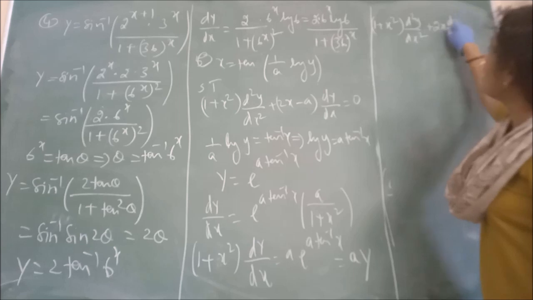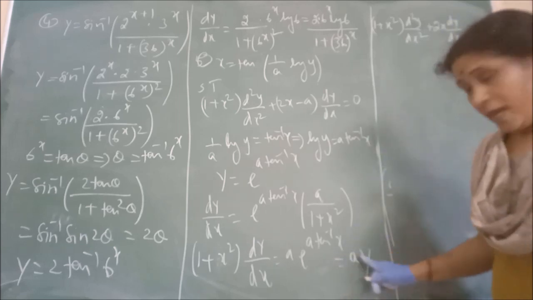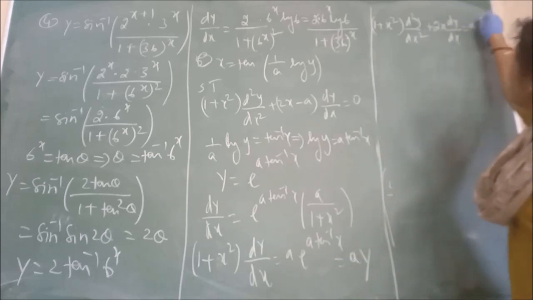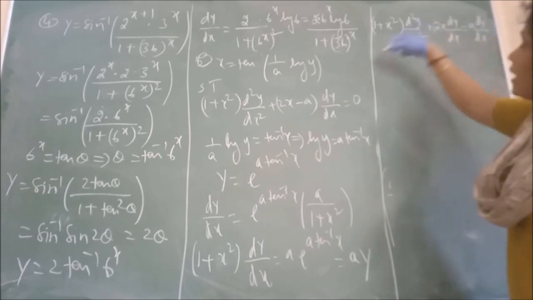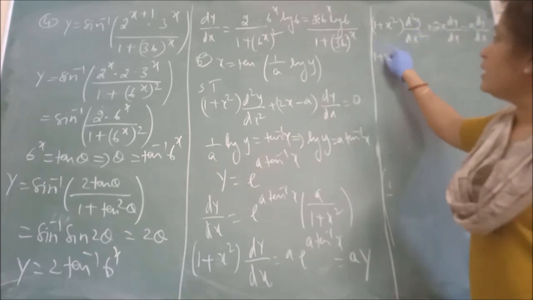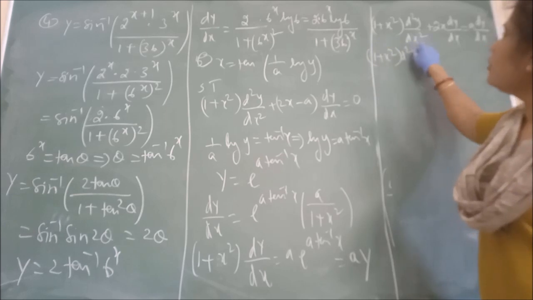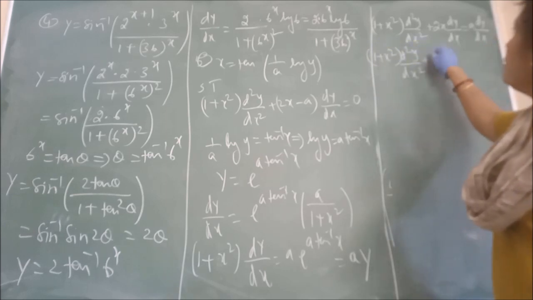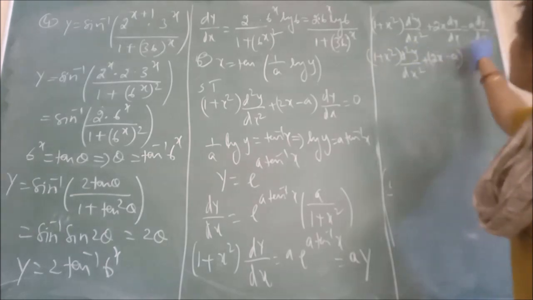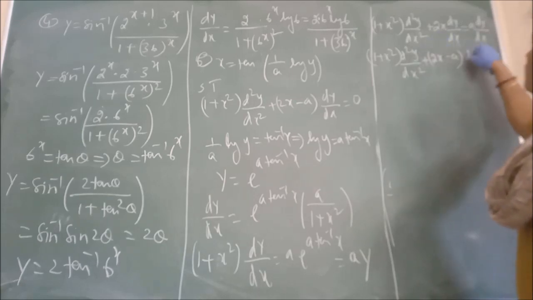So 2x into dy by dx equals a into y, that is a into dy by dx. Now if I collect all dy by dx on one side, I get 1 plus x square into d square y by dx square plus 2x minus a, into dy by dx.